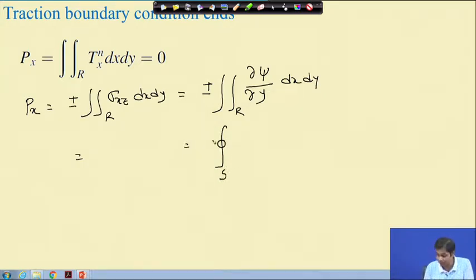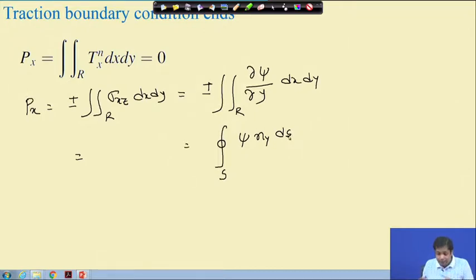This is a closed integration, and this becomes psi ny ds. Okay. So, essentially it projects the integration from area to line, or from solid to surface. In this case, it is on the area and it is on the boundary of the area. So, the integration is being projected on the boundary.